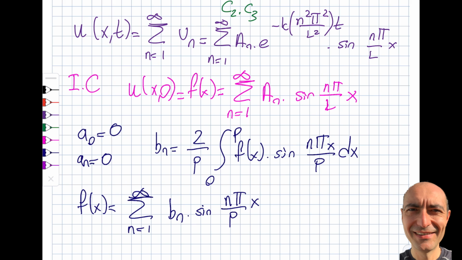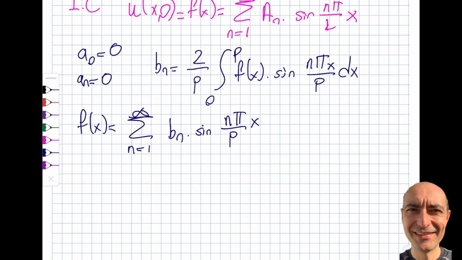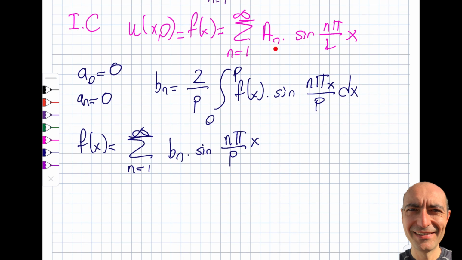Now, let's look at these. There is some similarity. So you can see now I don't have to do anything. I can simply say from here that this is a Fourier series expansion, more specifically a half-range expansion of a sine series. P, looking at it, is L. And by the way, you realize that this a_n is equal to the b_n that I have over here, right?